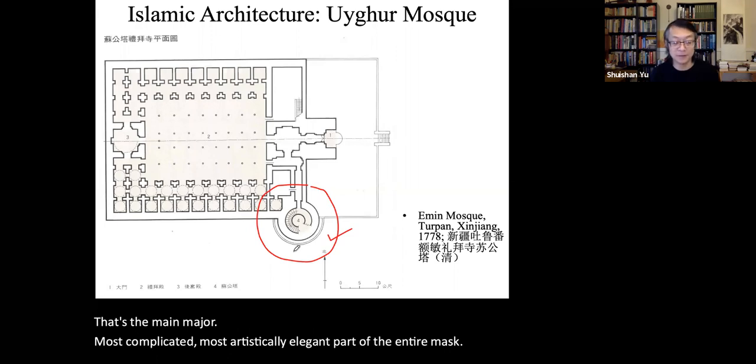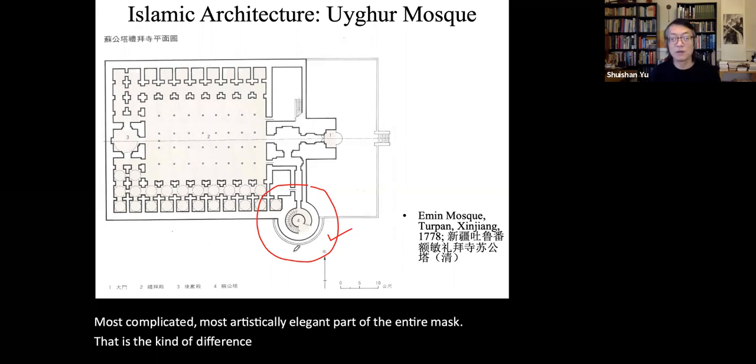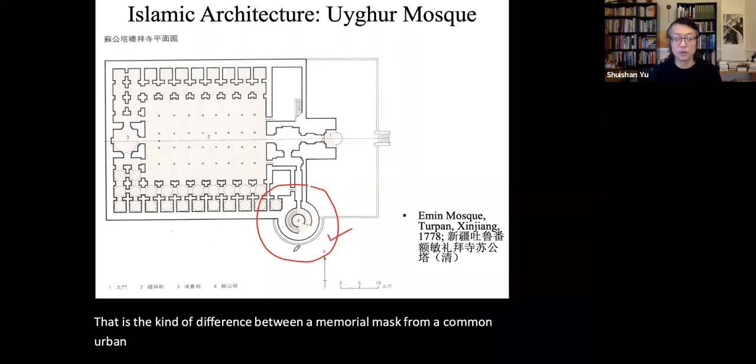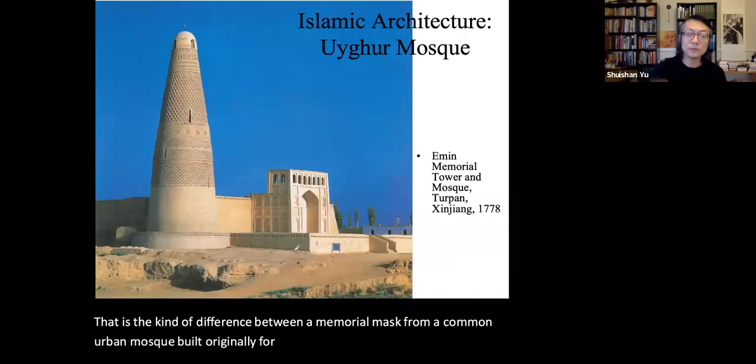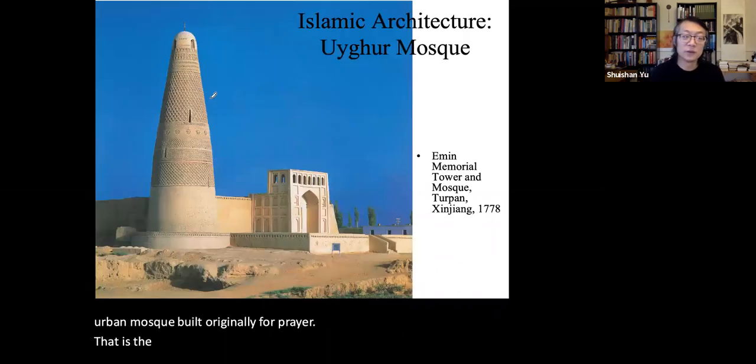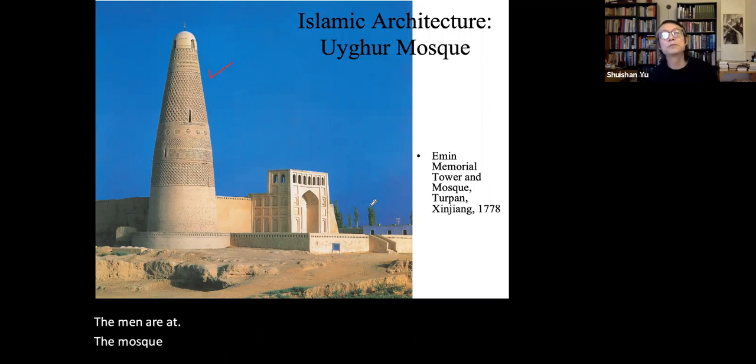That is the kind of difference between a memorial mosque and a common urban mosque built originally for prayer. Compared to the minaret, the mosque is not as sophisticated. So the minaret is really the main character for the whole complex.